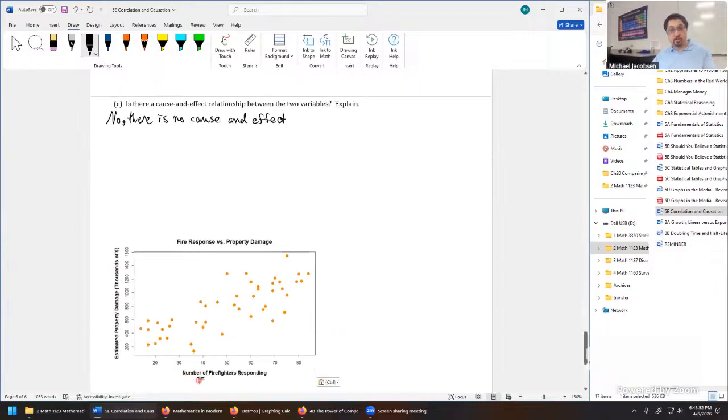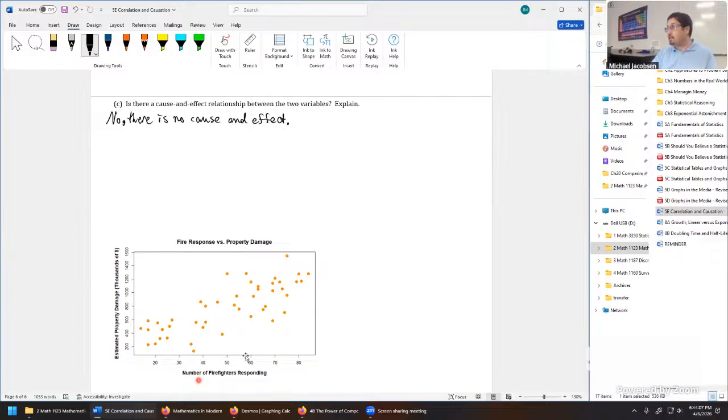Sometimes when variables are associated like this, the lurking variable, some other accounted for variable, is what's causing the relationship. And here the lurking variable might just be the severity of the fire itself is what's tying both of these together.